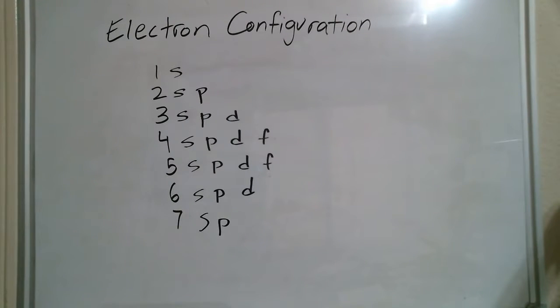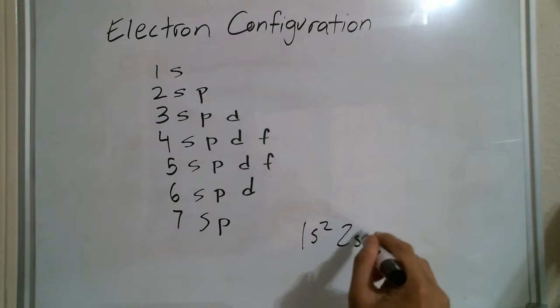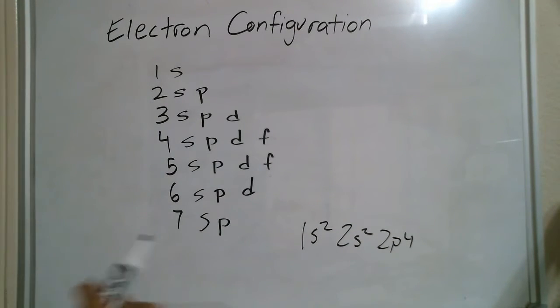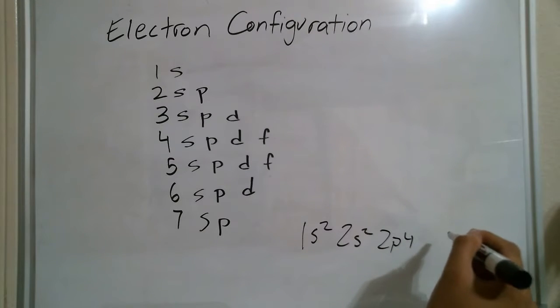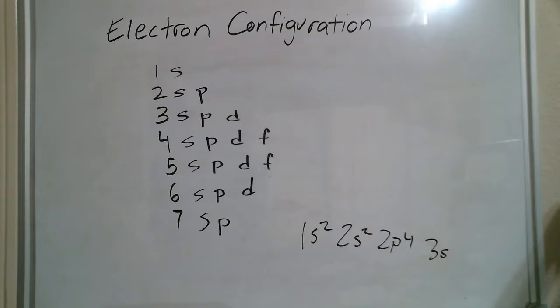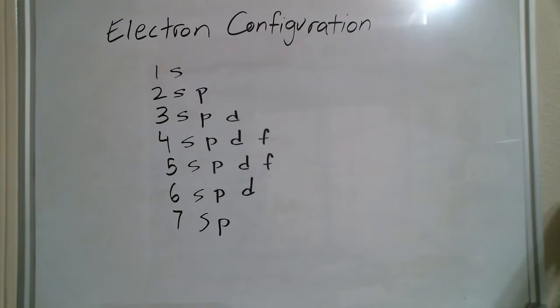For this method, how do I know if I go 1s2 to 2s2 to 2p4? And how do I know that 3s is next instead of 3p or 3d? Well, this method can show you which order you have to write your energy levels and sublevels.